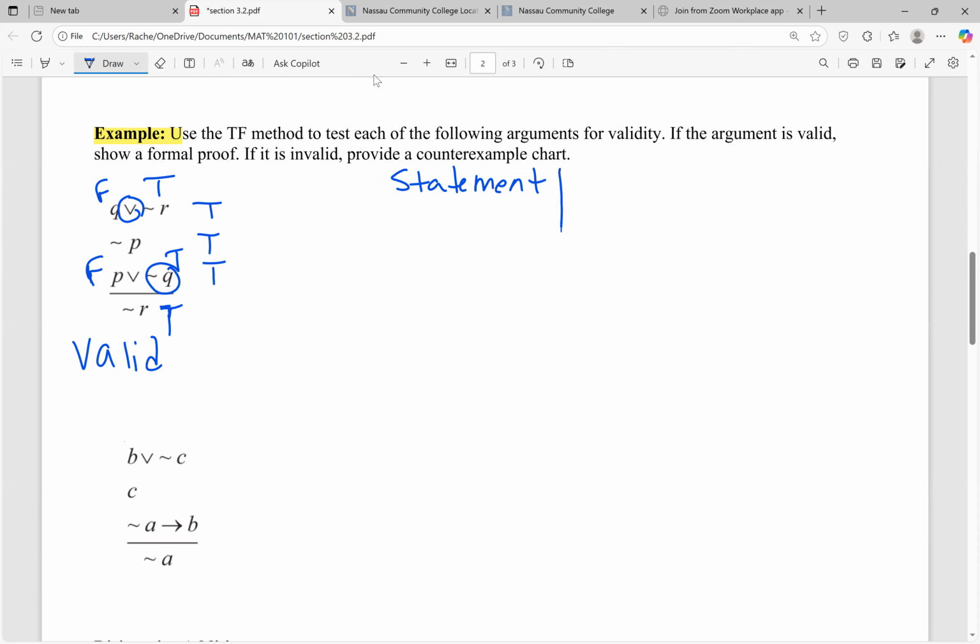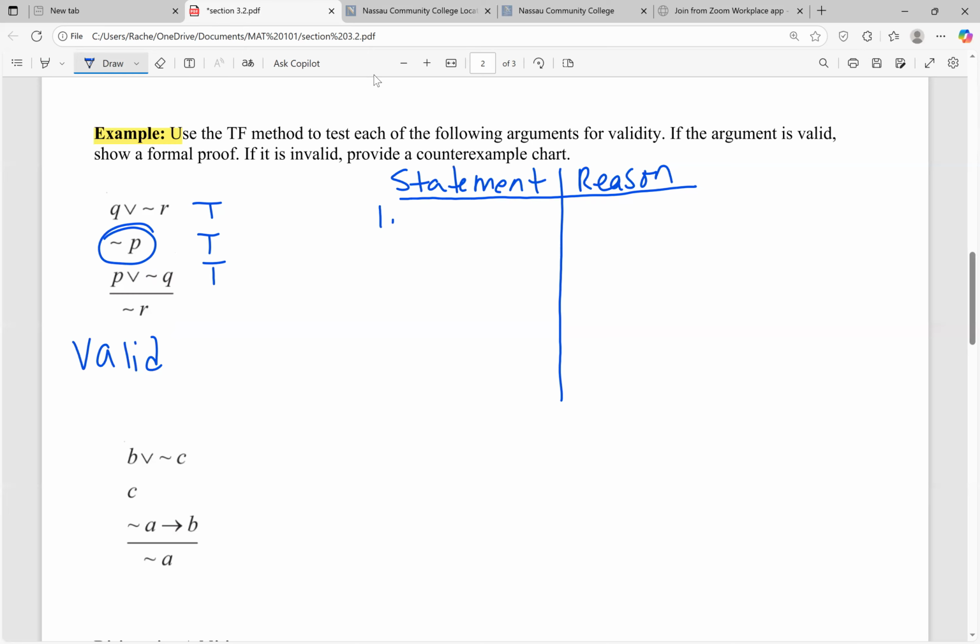So we need statements and reasons. All right, so let's clean this up. Again, I like to start with just a simple statement. So let's see where we could go with not P, right? It's true because it's a premise.